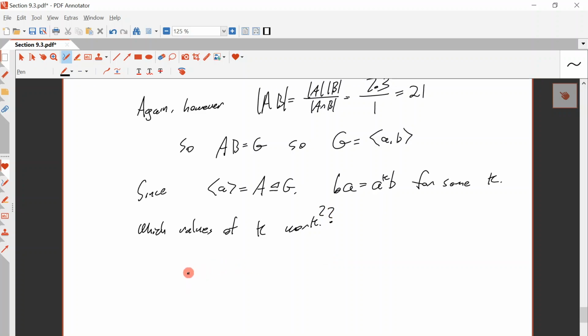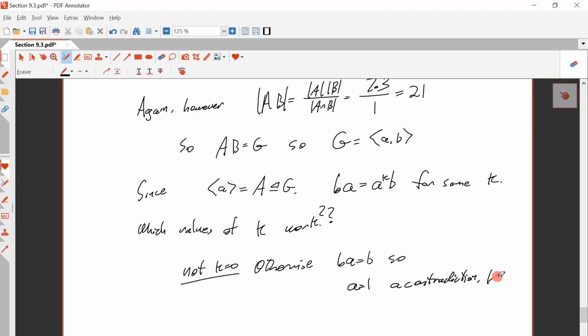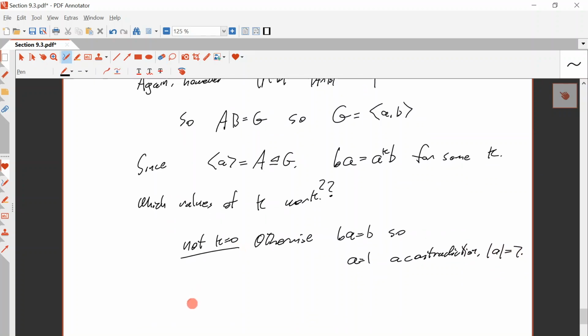All right, well, not K equal to 0, because otherwise BA is equal to B, so A is equal to 1, a contradiction, because the order of A is 7. The order of the identity is not 7.